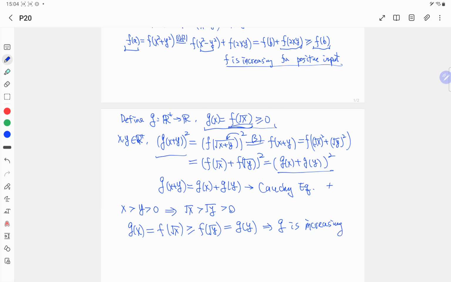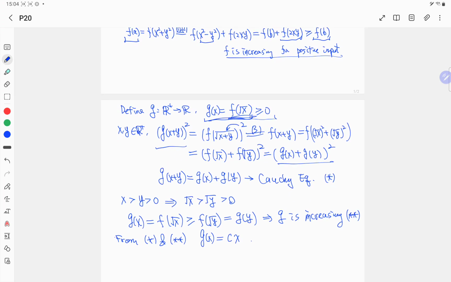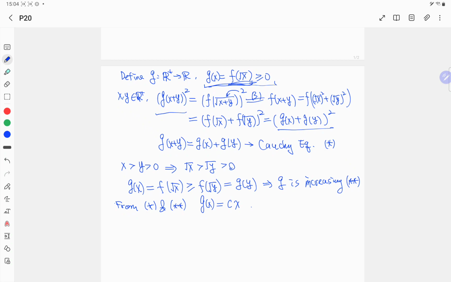So we call this star and this is double star. So from star and double star, we know that g of x is actually a linear function. Okay, and we can just plug it back to the definition of g of x. So we know that f of x is actually g of x squared, which means that it is c times x squared.